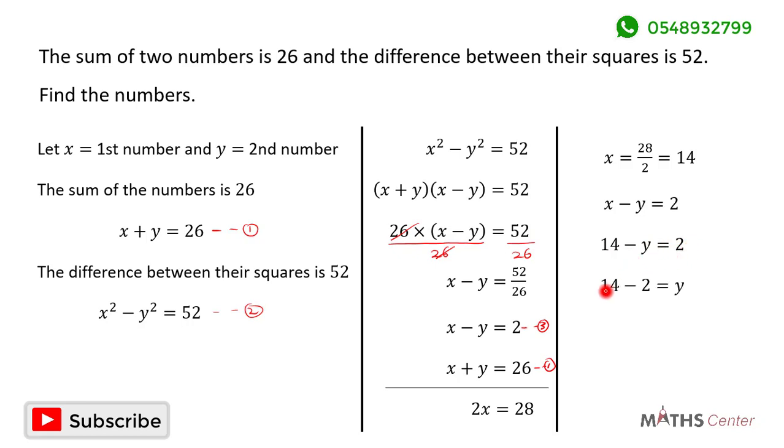And this will become 14 minus 2 is equal to y. 14 minus 2 is 12, and so y is equal to 12. So the value of x, which is the first number, is 14, and the value of y, which is the second number, is 12. And so we can say that the two numbers are 12 and 14.